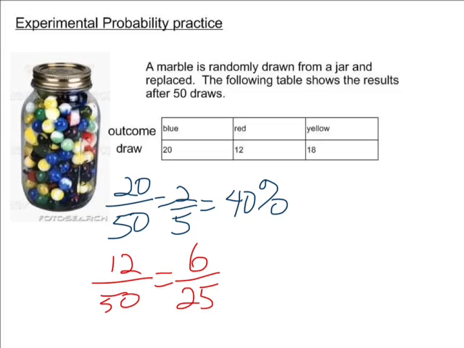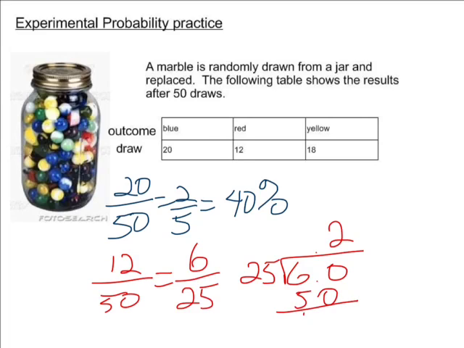We're going to turn that into a percentage by dividing 25 into 6. And you can see that our decimal is 0.24, or 24%.